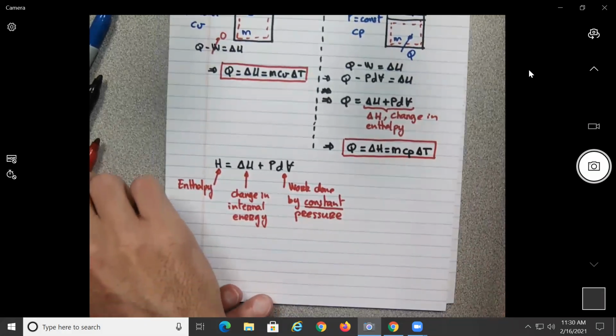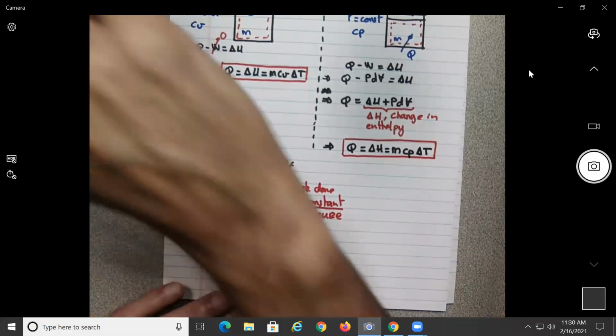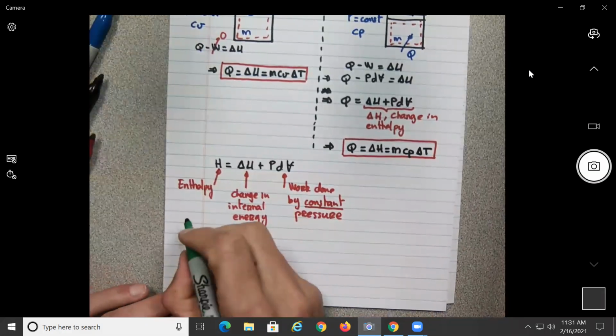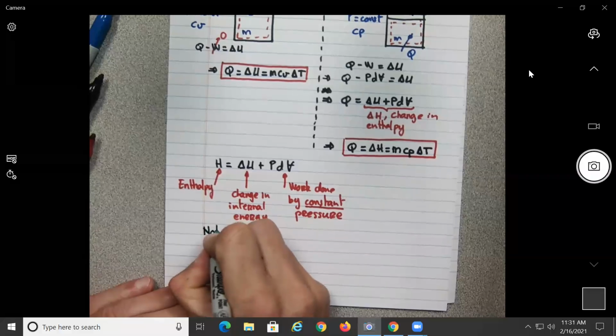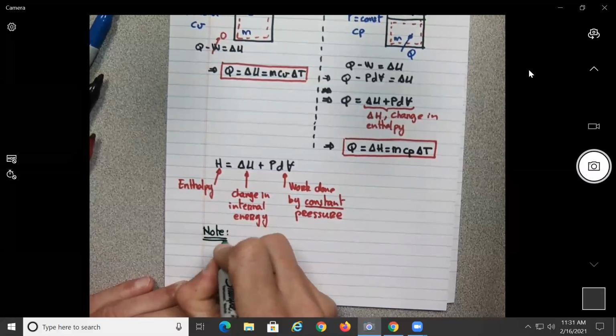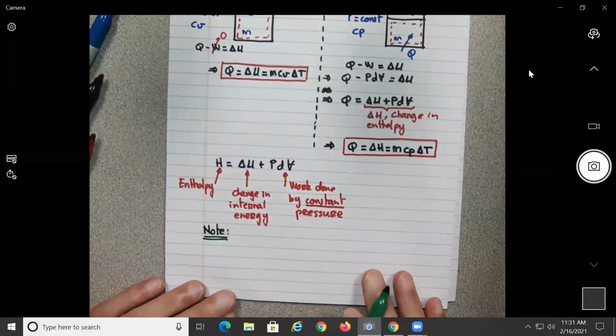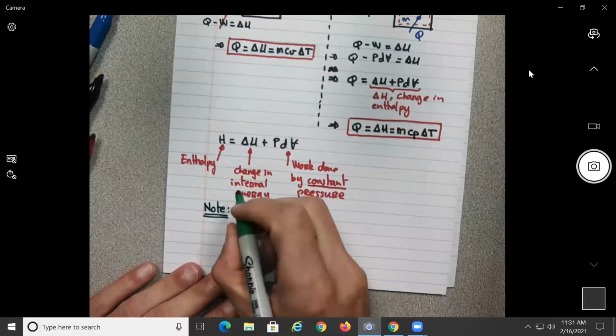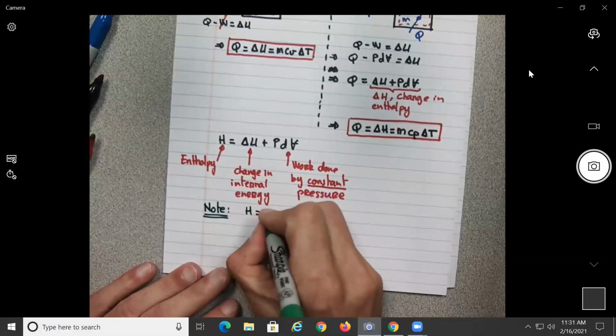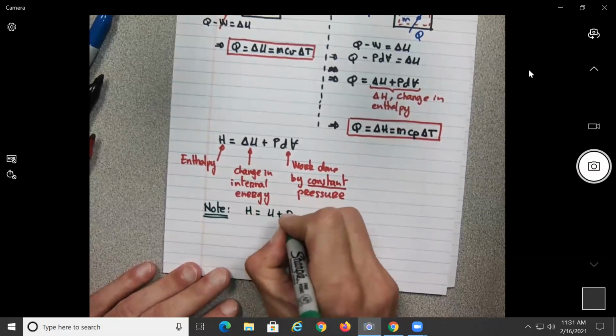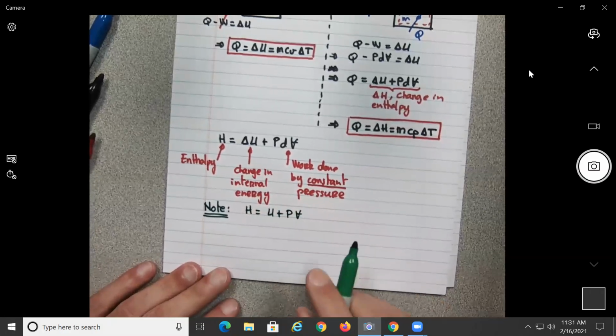All right, over here, now I'm going to do one thing. I'm going to put a little note. It's not that important, but just in case you are picky about the notes. So the definition of enthalpy is U plus PV, no? Let's say internal energy plus PV.